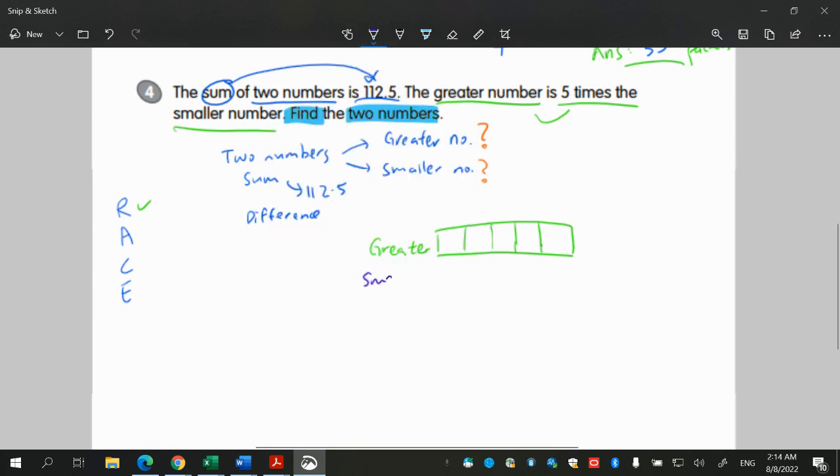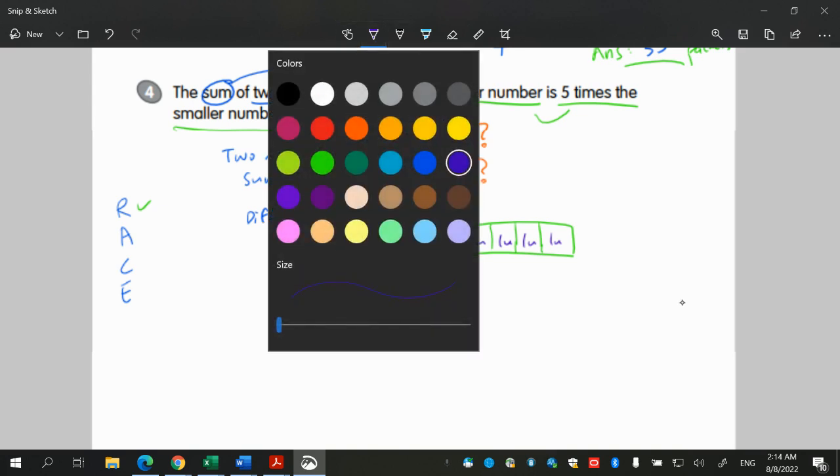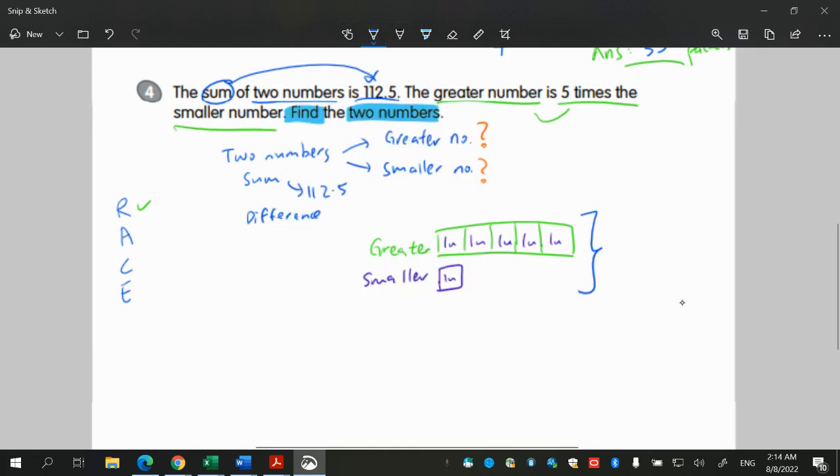So I've got the smaller number, that's 1 unit. And the greater number is 5 units. Okay, given information here, sum. Oops, be careful with the decimal point. 112.5.